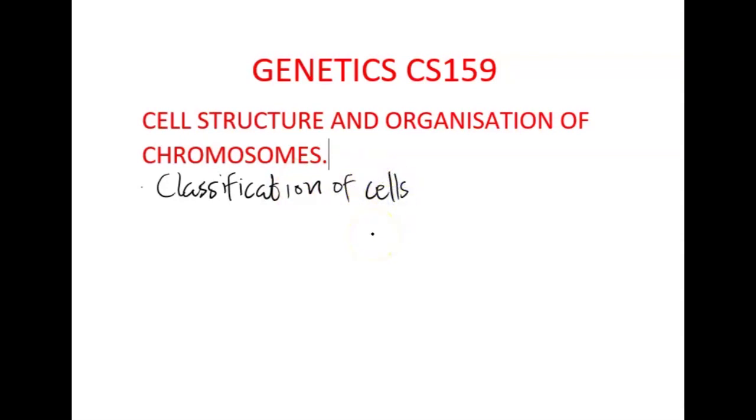With the classification of cells, every cell that exists can be grouped into two: the prokaryotes and the eukaryotes. Any cell can be grouped under either prokaryotes or eukaryotes. Let's talk about prokaryotes first.